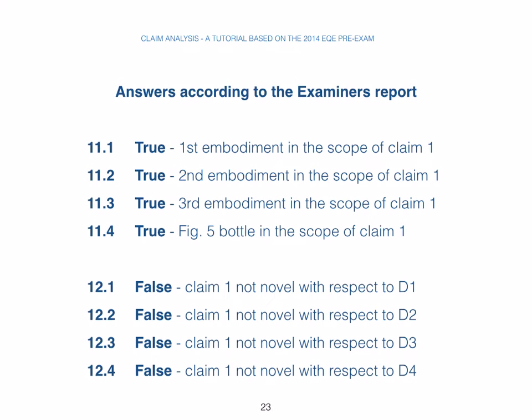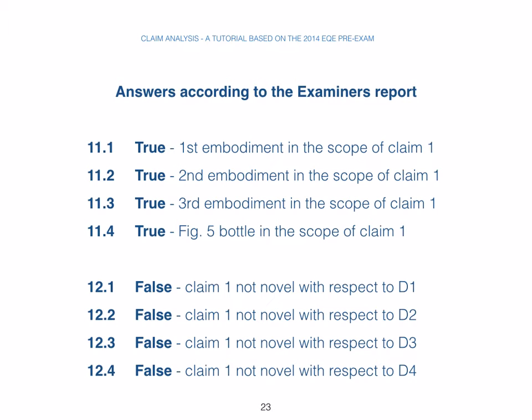We'll explain later. For question 12, the examiners say that all of the answers were false. 12.1 is false because claim 1 is not novel with respect to D1. 12.2 is false because claim 1 is not novel with respect to D2, and likewise claim 1 is not novel with respect to D3, and for 12.4 the answer is also false.